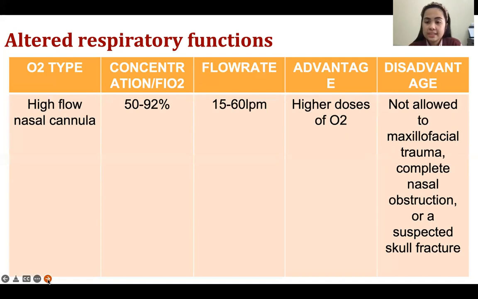So that is too much, a higher dose of oxygen. The flow rate is 15 to 60 liters per minute. For this one, we are already using a machine for high flow nasal cannula. I'll show you later. Then, the disadvantage: not allowed with maxillofacial trauma, complete nasal obstruction.